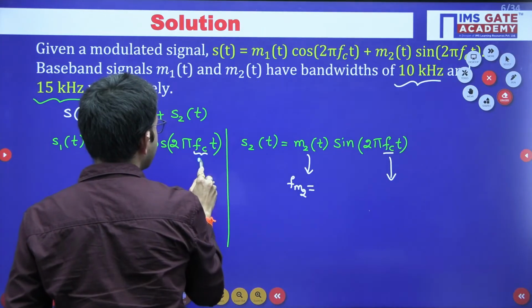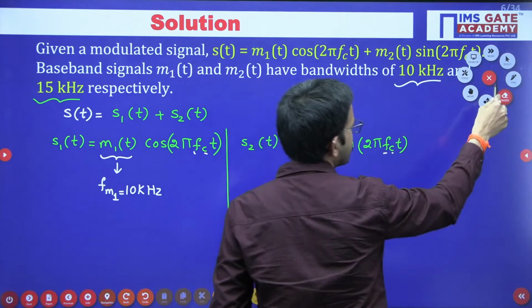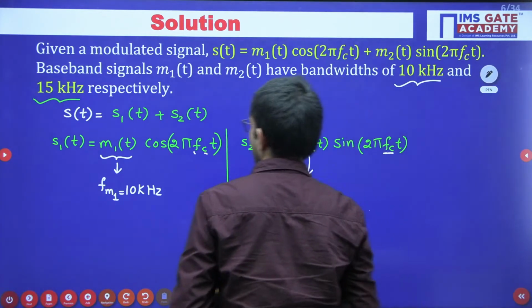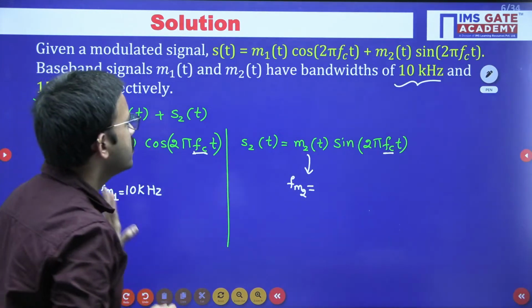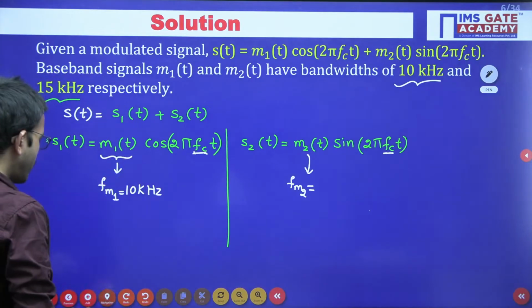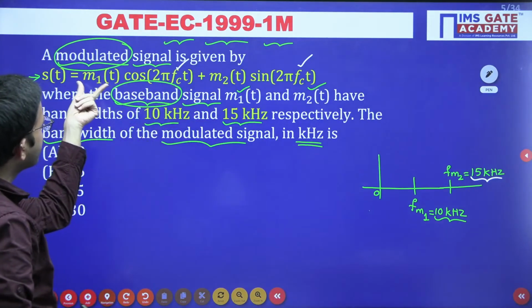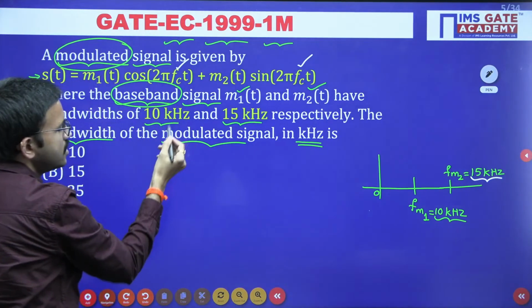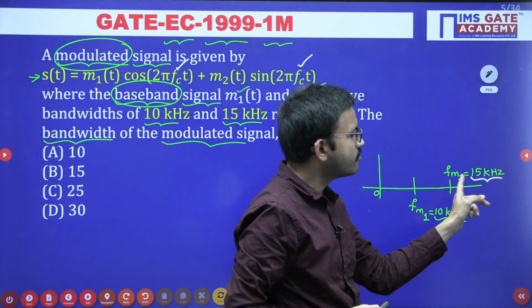In this particular question, they haven't mentioned the fc value, so we will consider fc as it is. They have given only the modulating signal frequencies. M1 of t has the frequency 10 kHz, and m2 of t has the frequency 15 kHz.